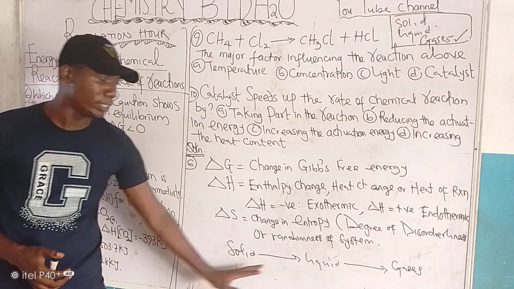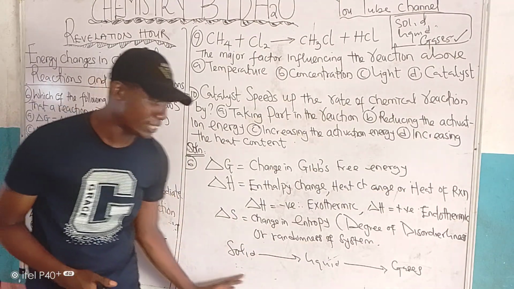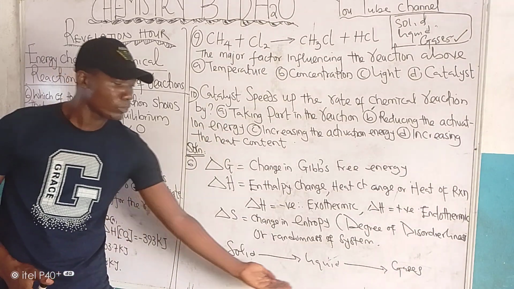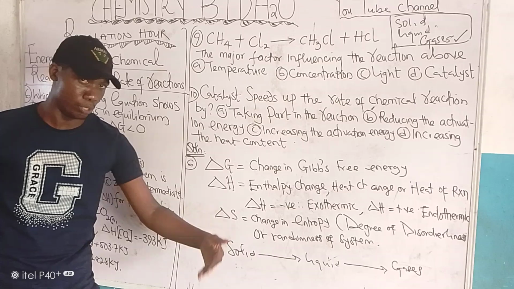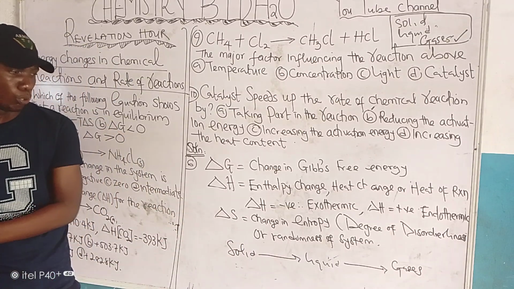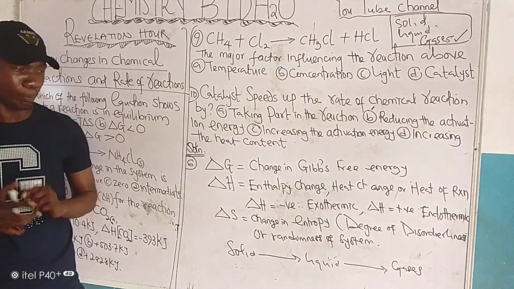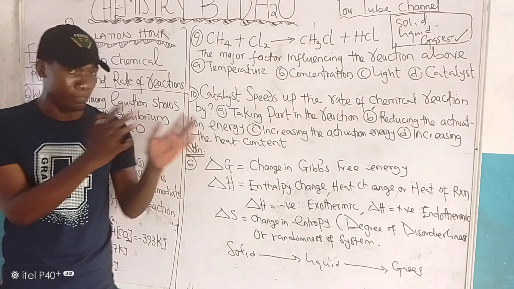So if I write solid, liquid, and gas, it means that the entropy is increasing. But if I reverse it and write gas, liquid, and solid, it means that the entropy is reducing. Now, I want you to know that when the entropy increases, it means a positive entropy. And if the entropy reduces, it means a negative entropy.